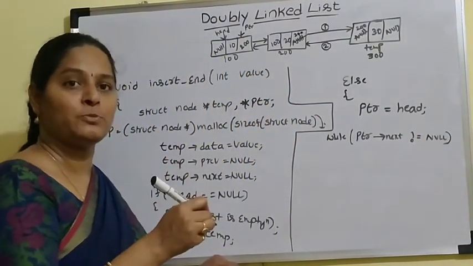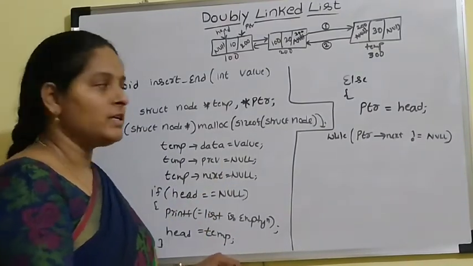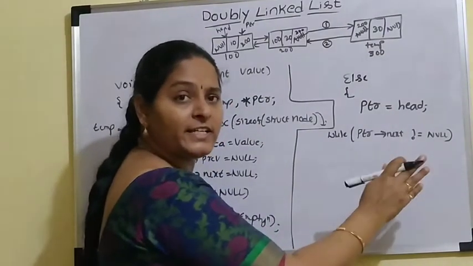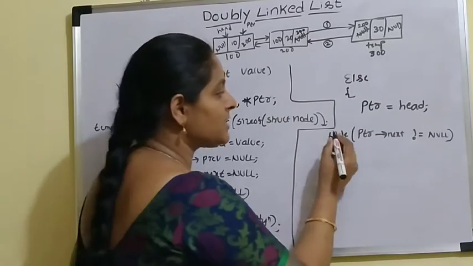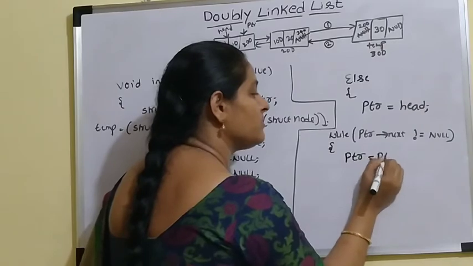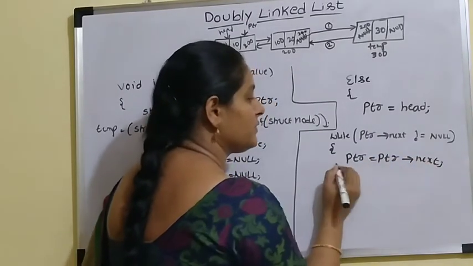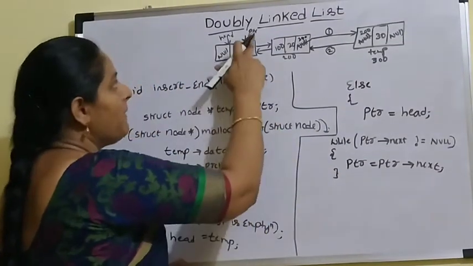Whenever you reach the last position, the last node's next part contains null value. Suppose your PTR next is not null, that indicates that PTR is not the last node. If PTR is not the last node, move PTR to the next position. So PTR equal to PTR next.